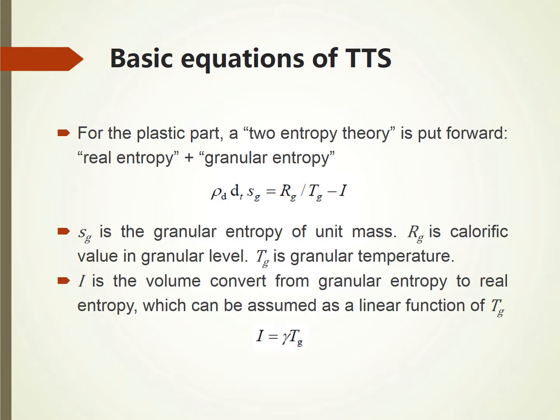Rg is the calorific value of the granular level. Tg is the granular temperature. I in this equation is the volume converting granular entropy to real entropy, which can be assumed as a linear function of Tg. So I equals gamma times Tg.